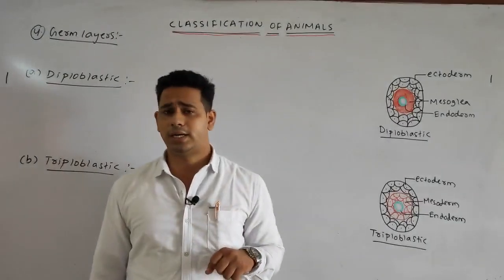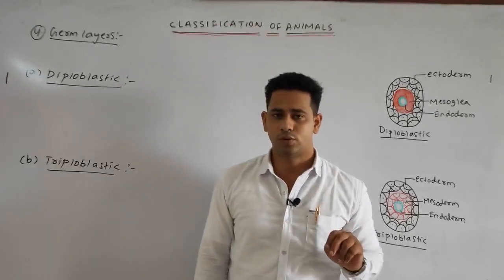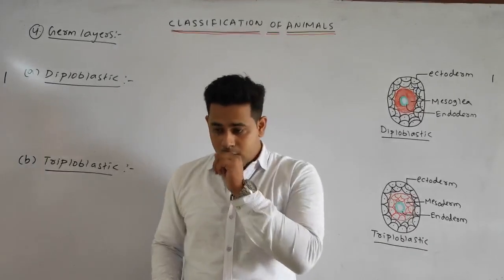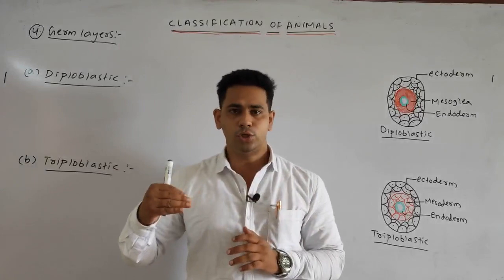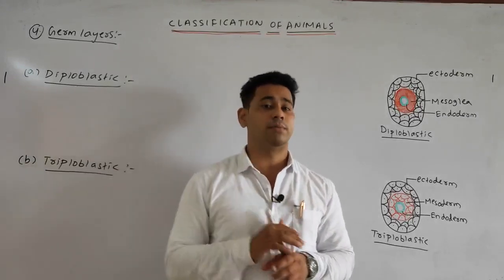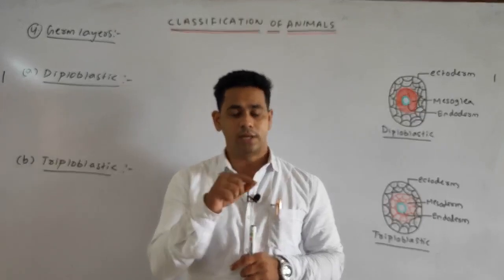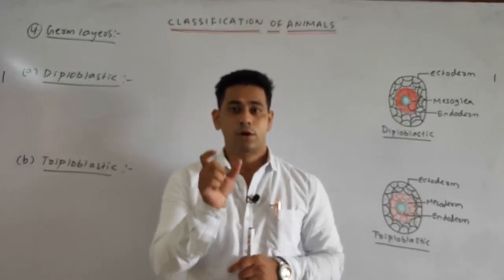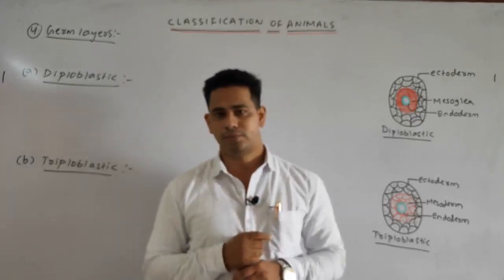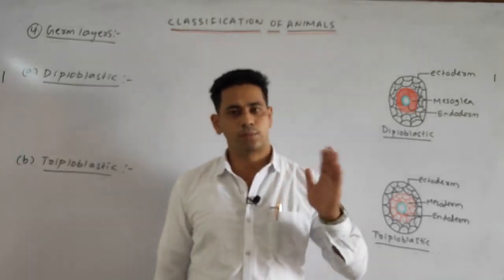Further we discussed that under the tube within tube plan, there are two types of organisms. One is protostomic, the other is deuterostomic. During embryonic development, when the digestive tract is formed and the mouth is formed first, that is known as the protostome or protostomic animals.